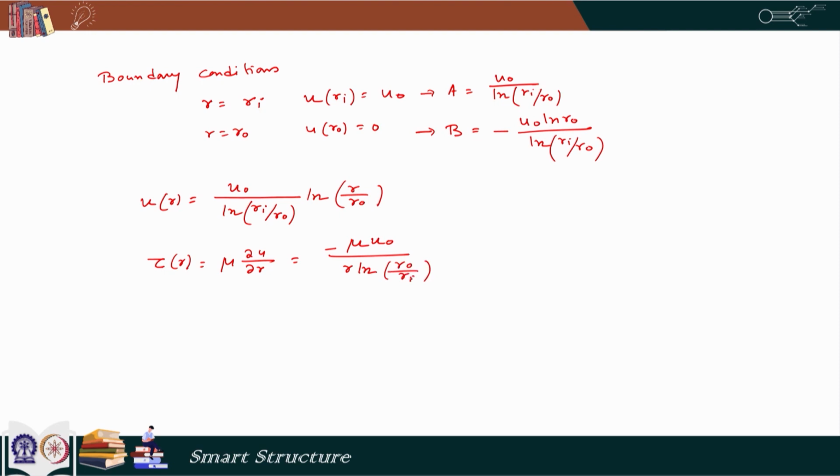Now, we can find out the total force F 0. So, the total force F 0 is the force at the surface of the inner cylinder, and to evaluate the force I have to evaluate the shear stress at r is equal to r I, and then multiply by 2 pi r I into length.